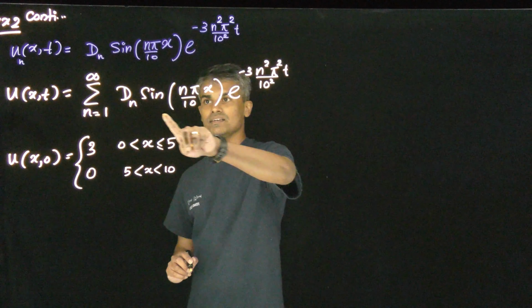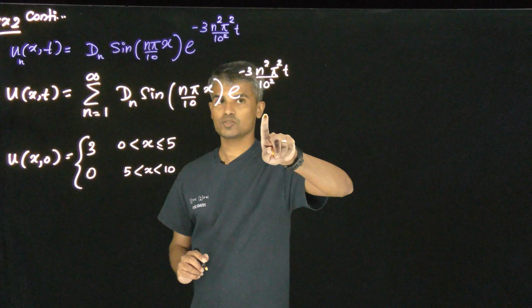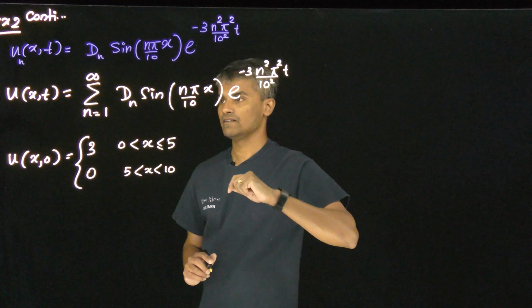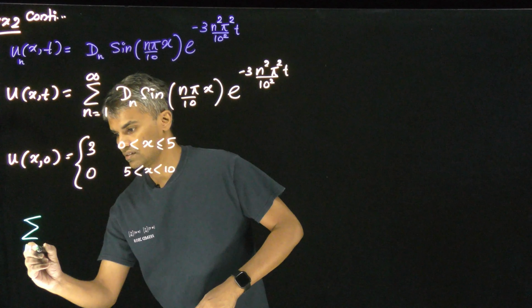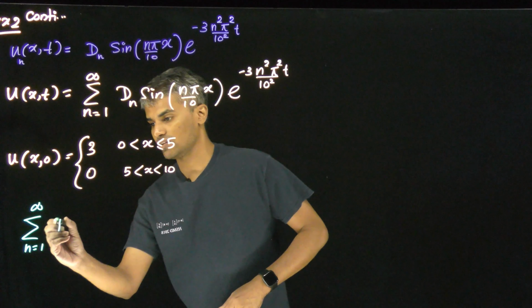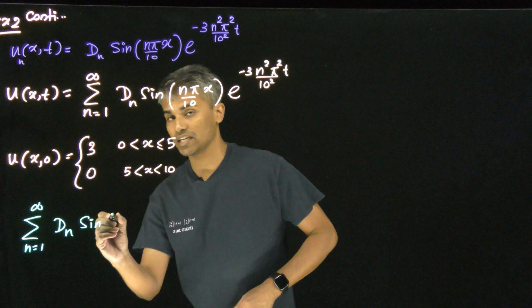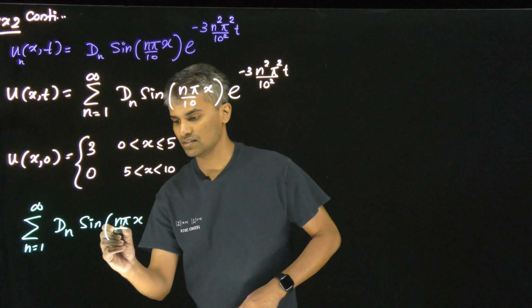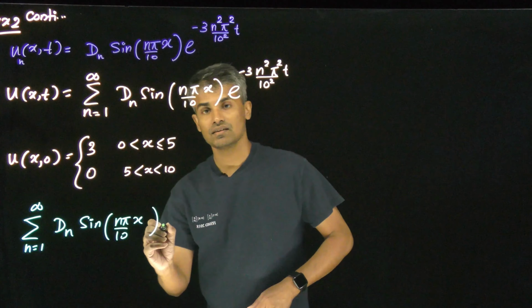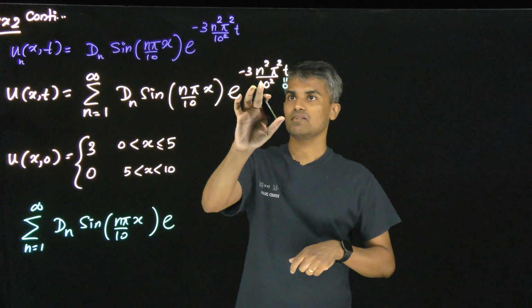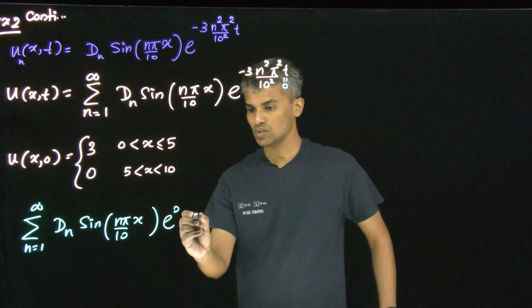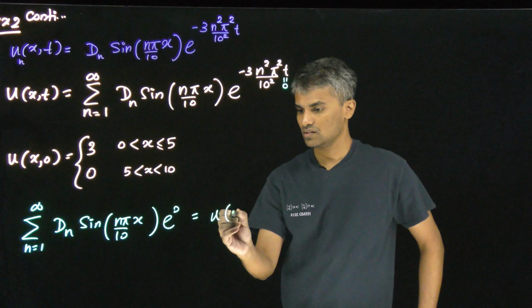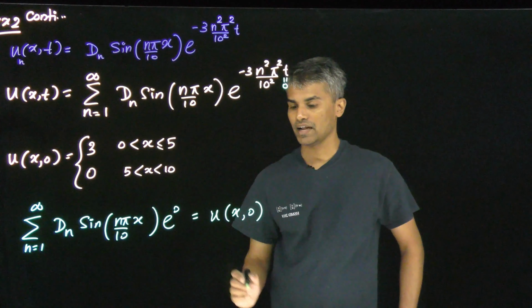So if I evaluate this solution at t equals 0, we have d n times sine of n pi x over 10 times e to the, now if t equals 0, then you have e to the 0 which is 1, great, but this equals the piecewise defined function at time t equals 0.